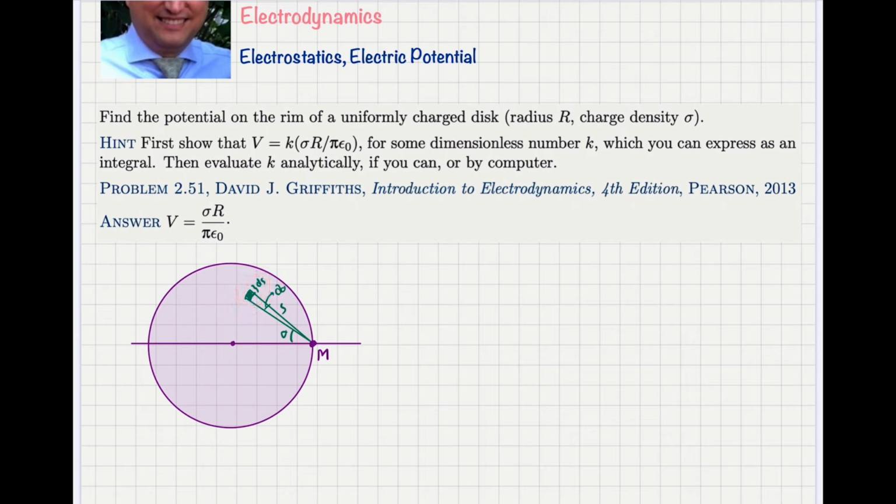That infinitesimal contribution dV is equal to, according to the formulas in physics, of course taking infinity as the zero of potential, this, and then I have my infinitesimal charge divided, this is the crucial point, divided by the distance of that infinitesimal charge to the point that I am considering.